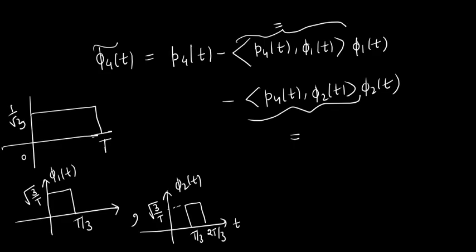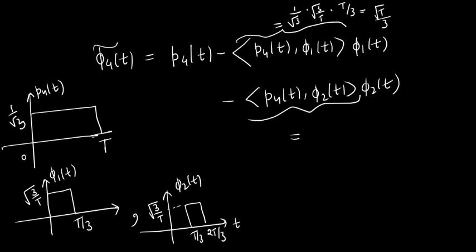So I am just evaluating this. So this is our P4T. I am multiplying and integrating. So I will get 1 by root 3 into root 3 by 2 into t by 3. Please let me know if you have any doubt in this. I hope I am correct, and if there is some calculation mistake, please let me know.